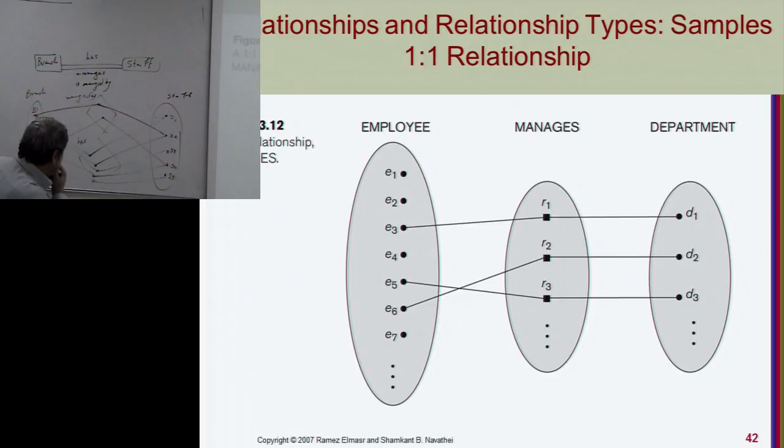Why did I do this drawing? In order to show that we have two different relationships. Look at B1, for example. B1 is linked twice. One in red and one in black. Two elements of the staff, two occurrences of the staff, linked to the occurrence of the branch twice. One in red and one in black.